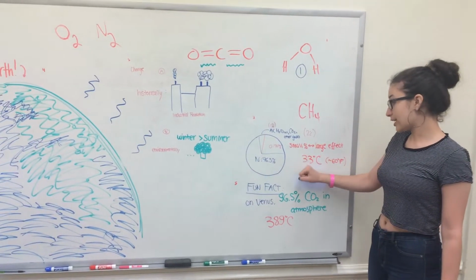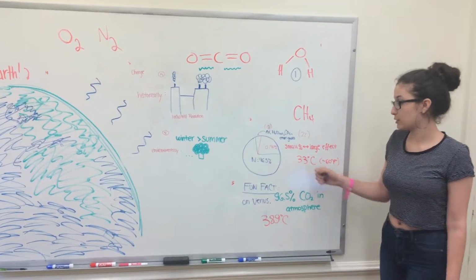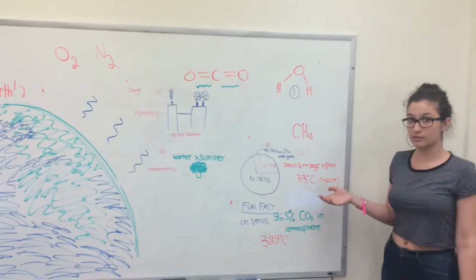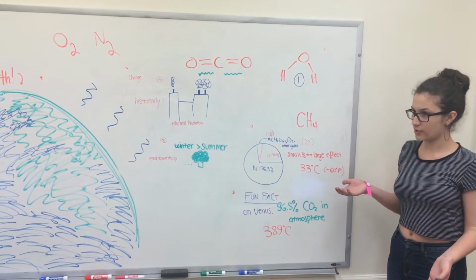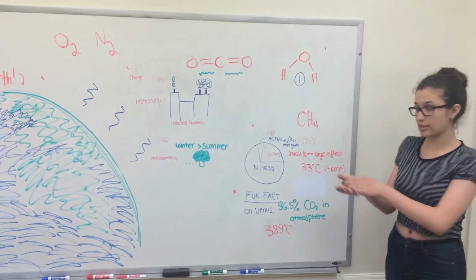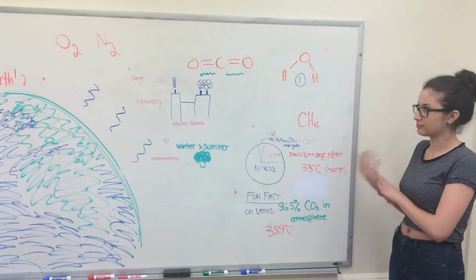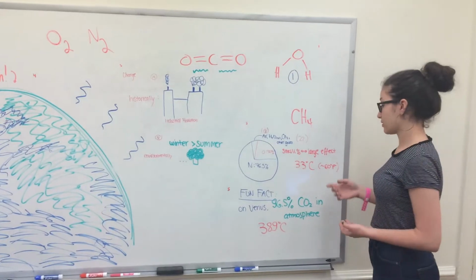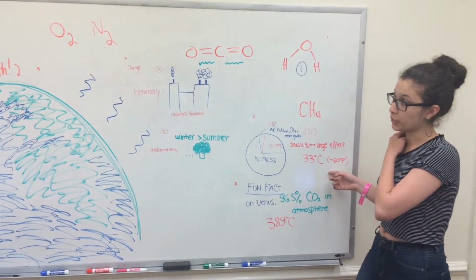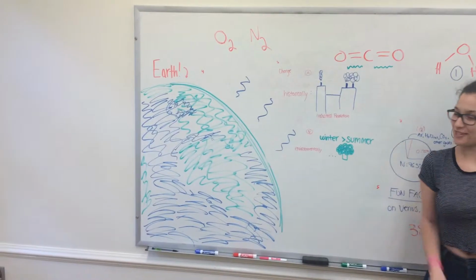And shockingly, that corresponds to about 33 degrees Celsius change in the temperature of the Earth. So without these gases in our atmosphere, the Earth's temperature would be about 33 degrees Celsius or 60 degrees Fahrenheit colder.